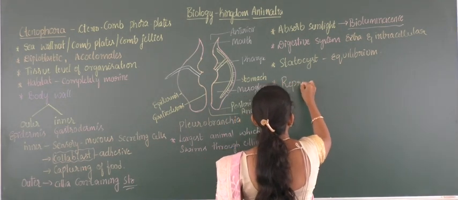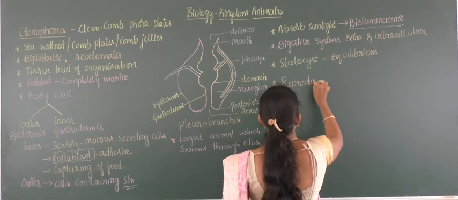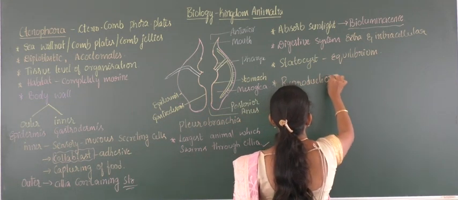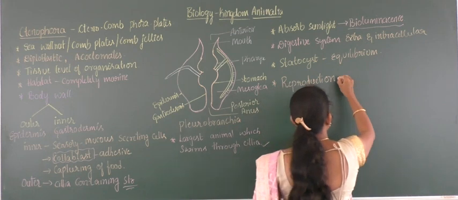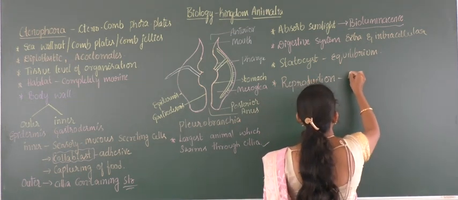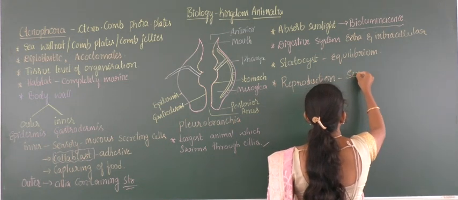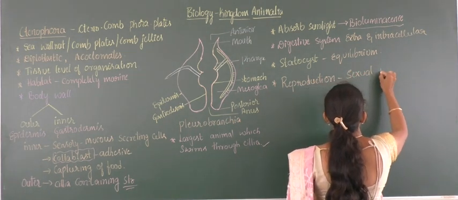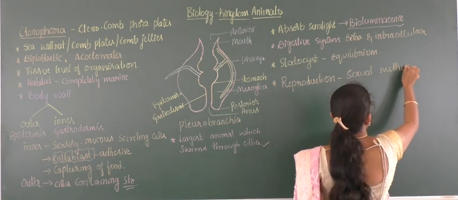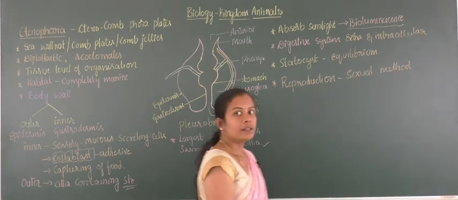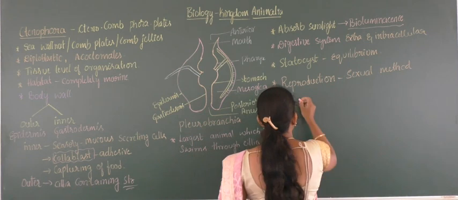So here the reproduction in case of Ctenophora is sexual. The thing is, these organisms are hermaphrodite.